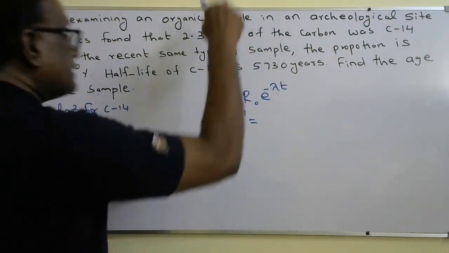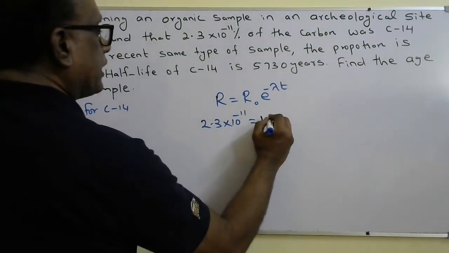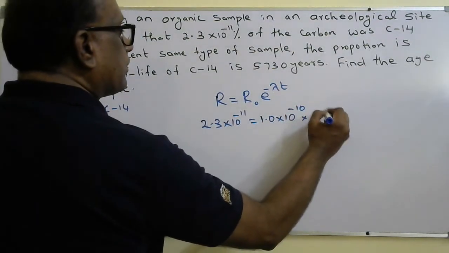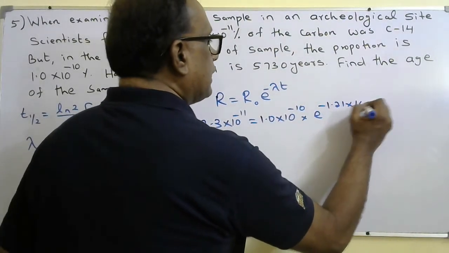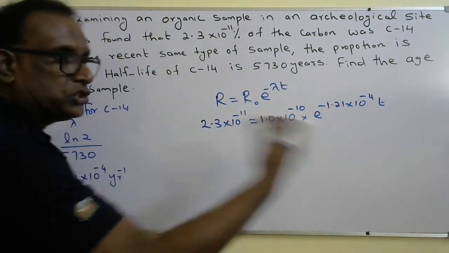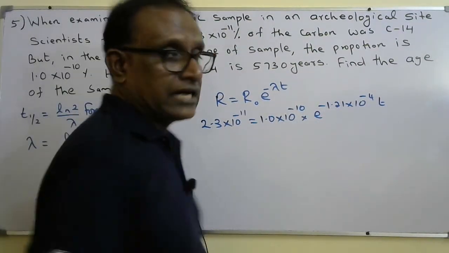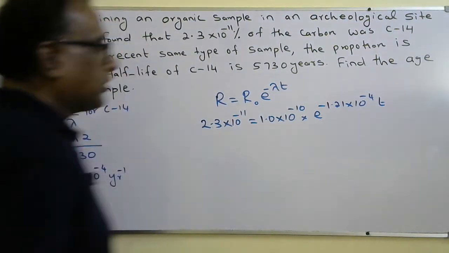We assume when it was living, it had the same as the recent sample, that is 1.0 × 10^-10 times e to the power minus 1.21 × 10^-4 t. We need to find t, how long it took for this percentage to drop to this one, which we call the age of the sample. The age of the sample means how many years before it died. That's the thing we are going to find.